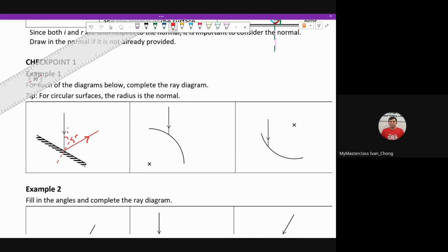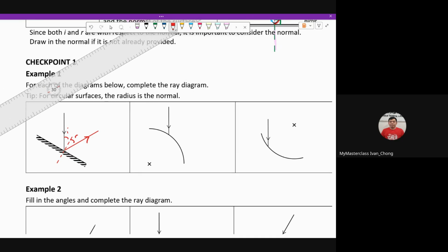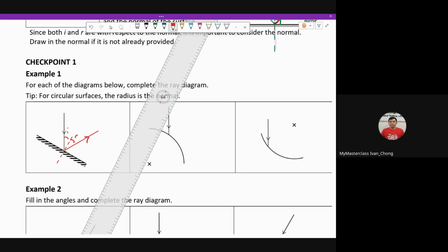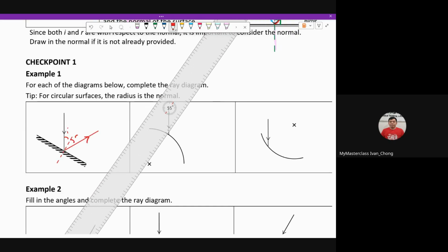Okay? Now, normally when we have circular surfaces itself, the radius is your normal. So what does this mean? From the X, which is the center, you're going to draw a dotted line all the way to the surface that you see over here. So 1, 2, 3, all the way up. Make our life easier.